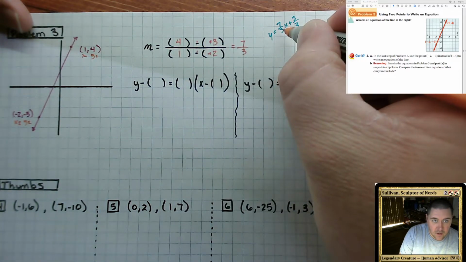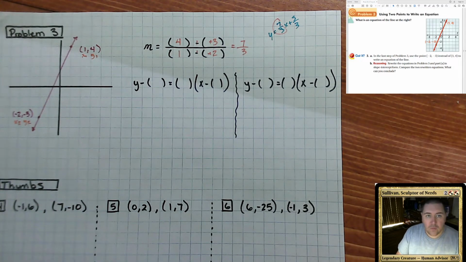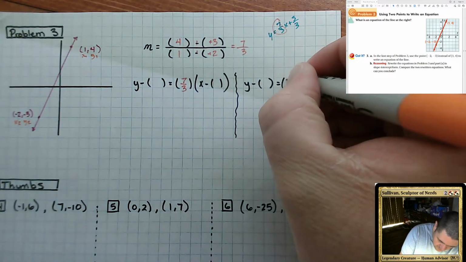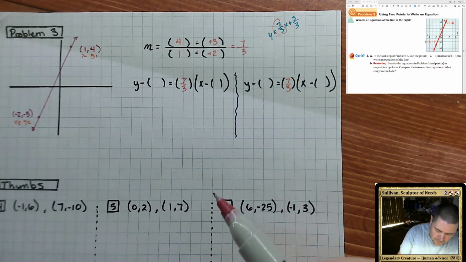So I know I did that part right. What point slope does is kind of cut out the BS and just be done. I now know 7/3 is my slope. But I have two different points here.